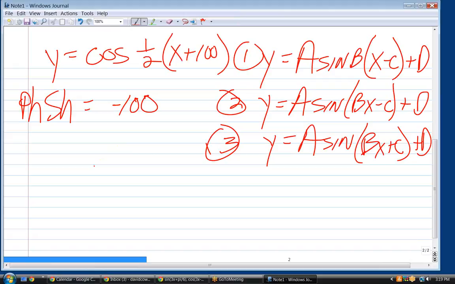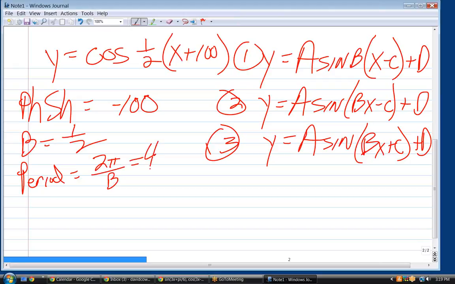What is the period? First of all, B is 1/2, which makes the period what? First of all, the period is 2 pi divided by B. So this period would be 4 pi.